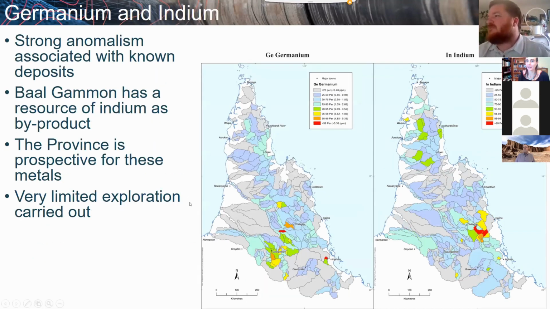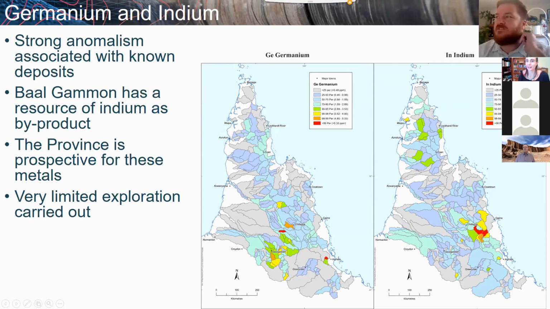I just thought I'd flash up lithium and germanium, and indium as well. Germanium and indium are two elements that keep popping up in these critical element lists, but there's absolutely no analysis in the Geochem database. There's some significant anomalism associated with germanium around the Georgetown district, and there is significant anomalism with indium in the Mareeba district.